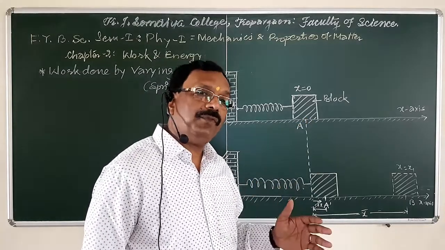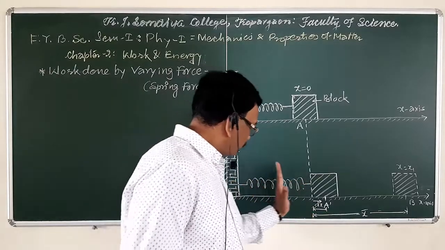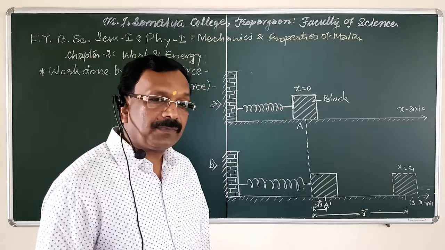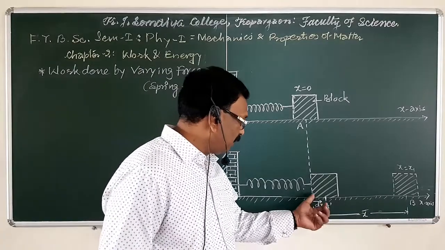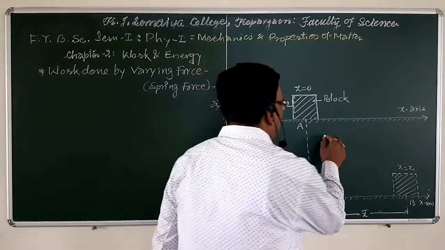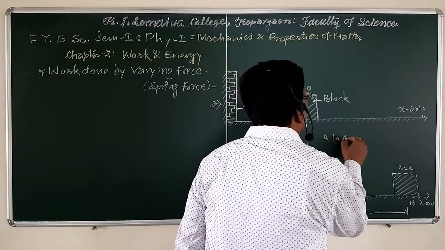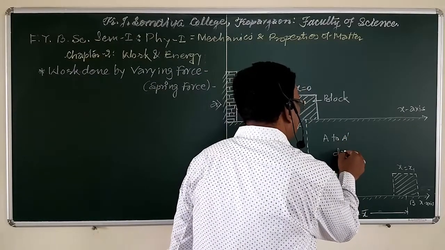When we apply the force, spring force, that is when we pull the block in this x direction, the block takes a small displacement. Suppose the block is moving from point A to A prime. A to A prime, there is a small displacement dx.